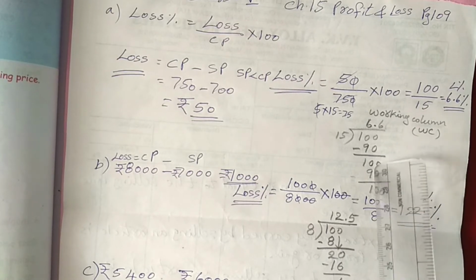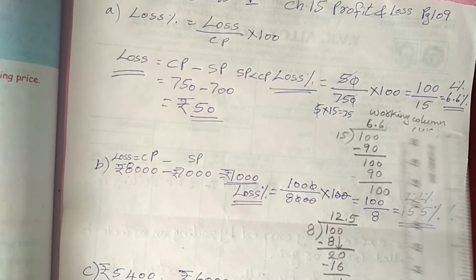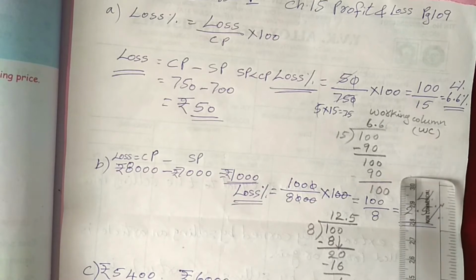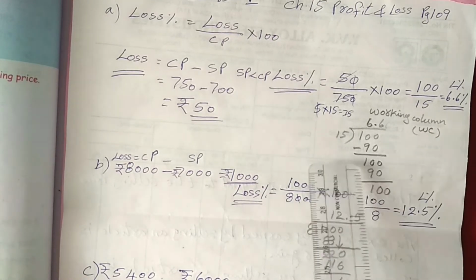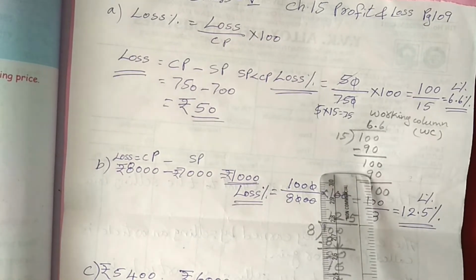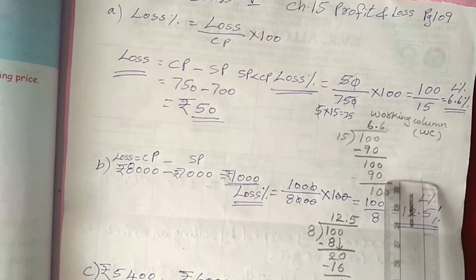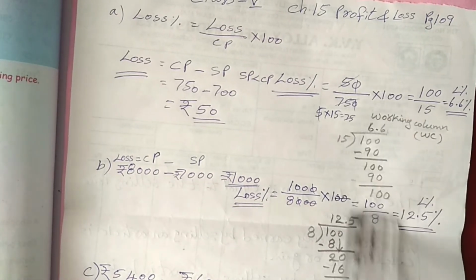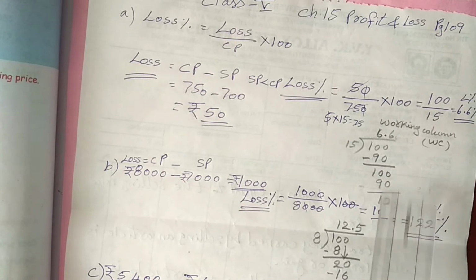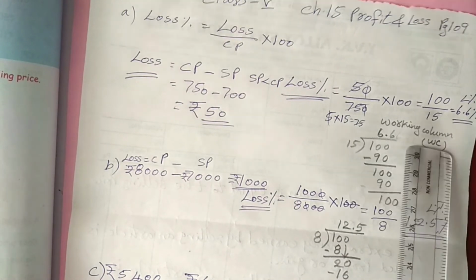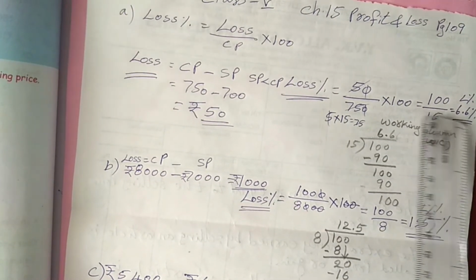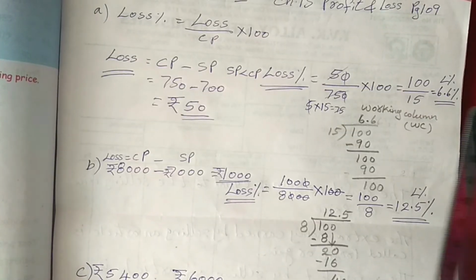Right. Now I added a 0. Again 15 6s are 90. So again I subtracted from 100. 100 minus 90 is 10. So this process goes on continuously. So I stopped at 6.6. So the loss percentage is 6.6%.